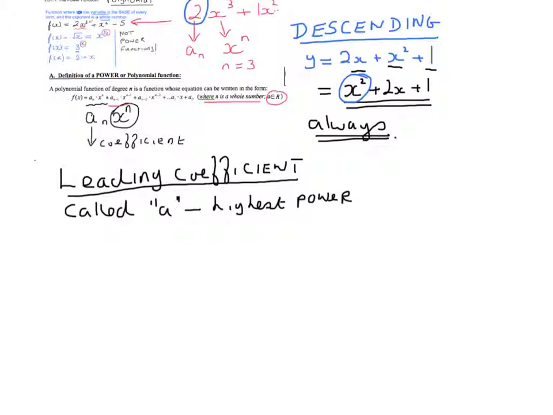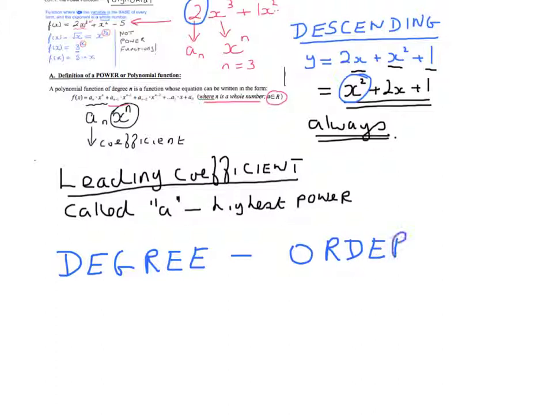Now, the other term that we need to worry about is the degree, or order of the polynomial. They're used interchangeably, and you've come across this before. This is simply the highest power of the variable that occurs in the polynomial. The highest power of the variable.